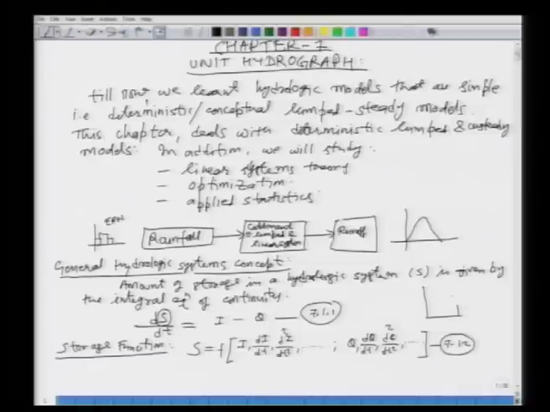Basically, what we are saying is that this catchment behaves like a reservoir in which you have some input going in, which may vary as a function of time. It may have certain storage, which is expressed by this equation 7.1.2, which is quite complex, as I said, and then you may have something coming out of it, q.